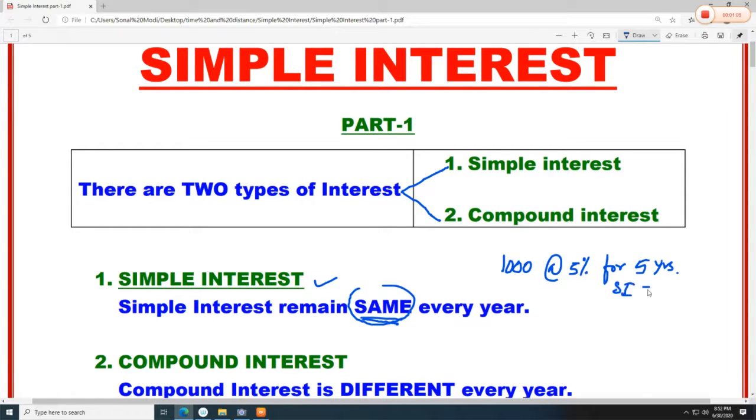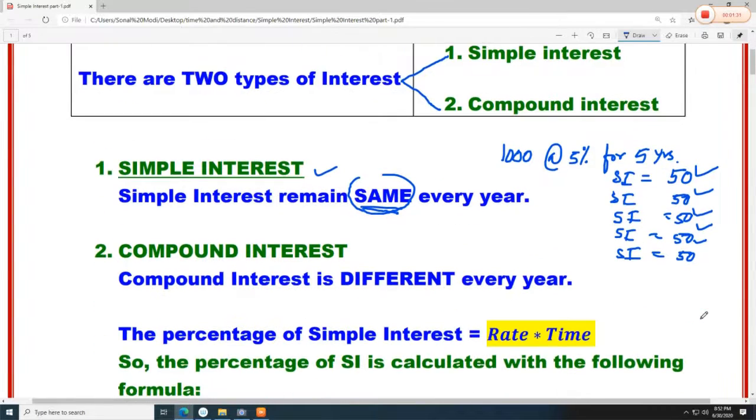So simple interest for the first year is 50, second year is 50, third year is also 50, fourth year it is also 50, and fifth year it is also 50. So simple interest remains the same every year. It never changes. But compound interest is different. Why it is different? We will study in the compound interest chapter.